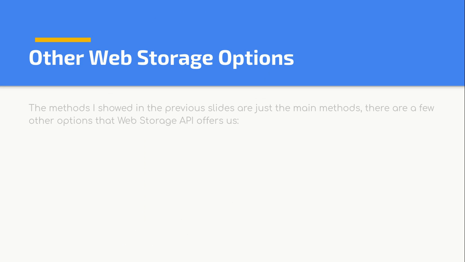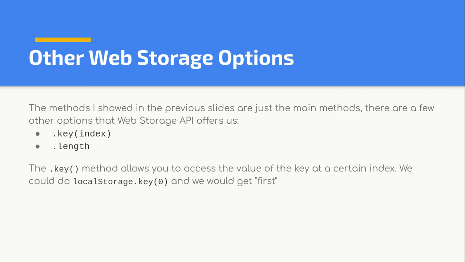And so other web storage options, which web storage is the session storage and local storage, we can use the .key and .length. And the .key method allows you to access the key value at a certain index.